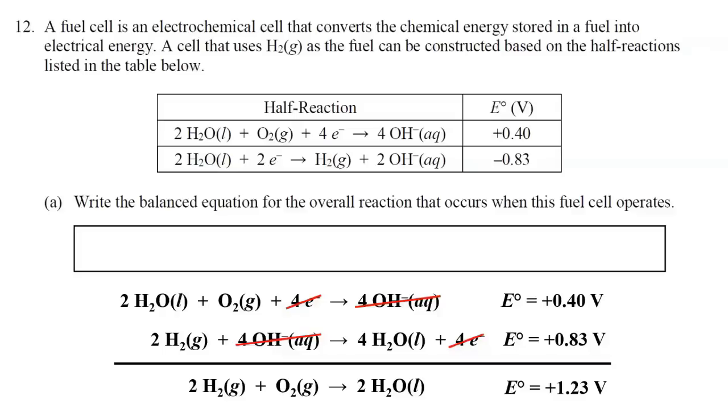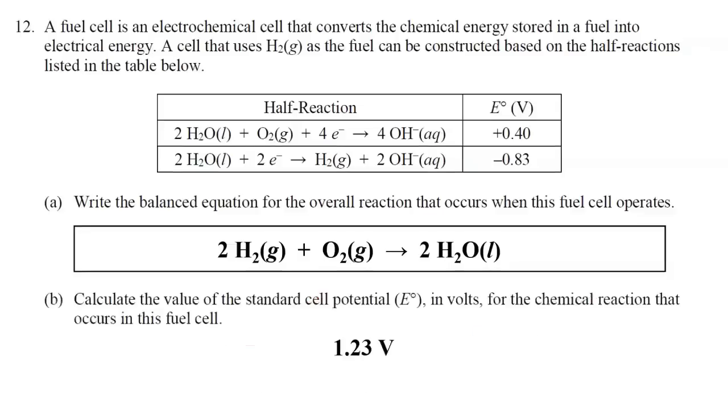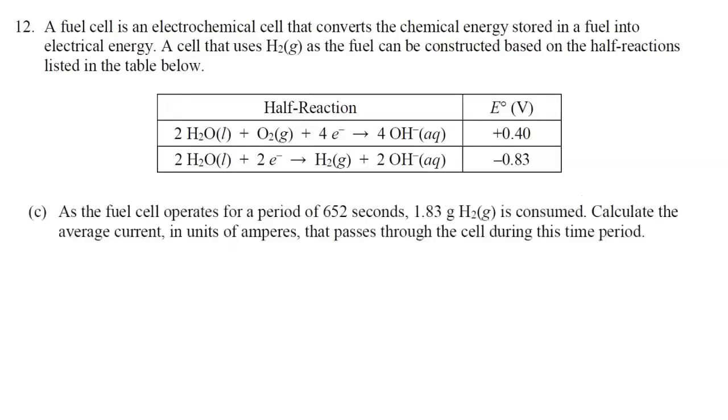It's a positive number, so that means that this is a thermodynamically favored reaction in which hydrogen gas reacts with oxygen gas to produce liquid water. So there's my answer for the balanced equation for part A. The cell potential for the overall reaction would be 1.23 volts. That's a positive number. And now let's move on to part C of this question.